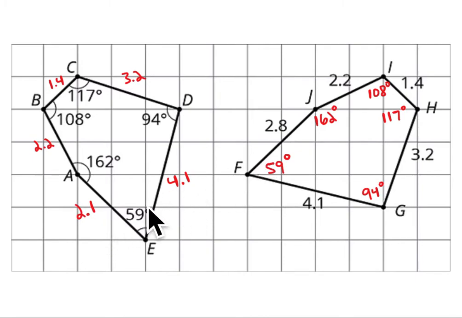Oh, I wrote it wrong. So this should be 2 8/10. Sorry about that. This should be 2 8/10, 2 2/10, 1 4/10, 3 2/10, and then 4 1/10. So mistake here. This length right here should be 2 8/10. All right, so congruent images, the side lengths are the same, and the angles are the same.